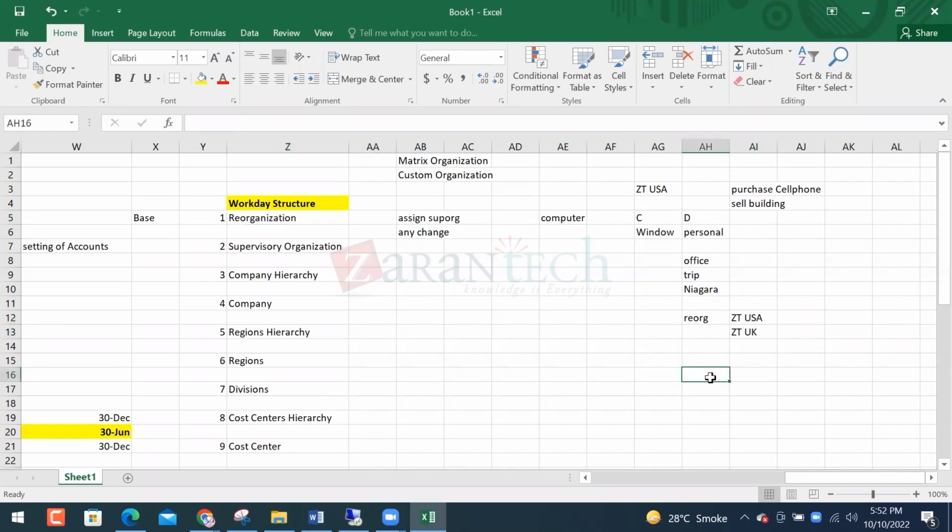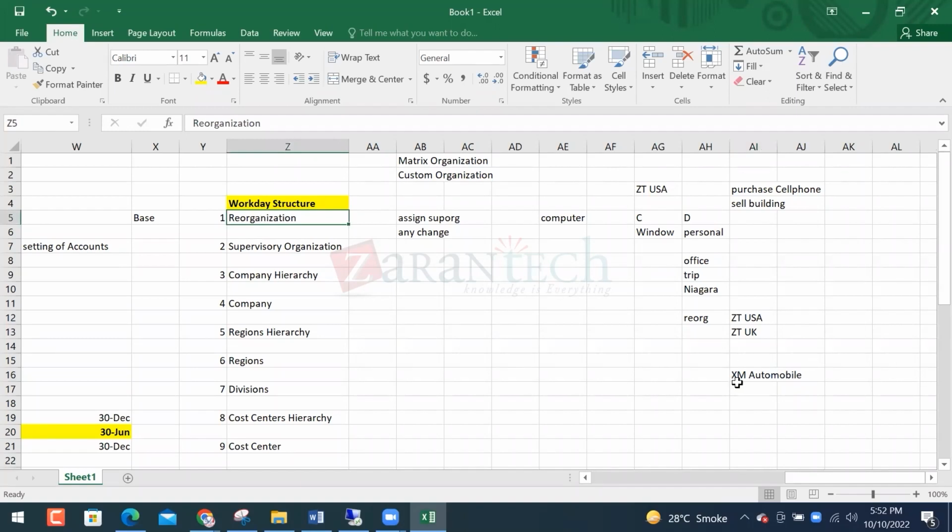Now I'm going to open one more company that is named something, XM Automobile. Now this company has its own structure. Then I will create a new folder here, a new reorganization here.